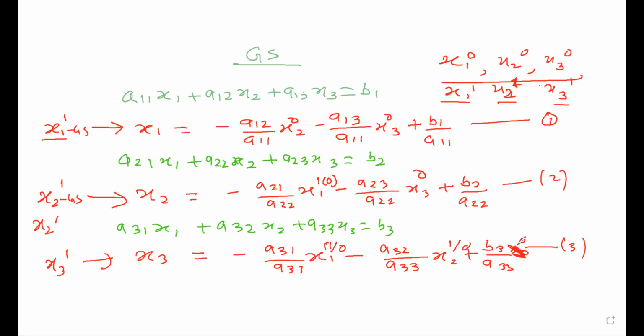Then after one run of calculation, let us concentrate on Gauss-Seidel, not Jacobi. You understand the difference between Jacobi and Gauss-Seidel, I hope. Yes, sir. So this is your one.